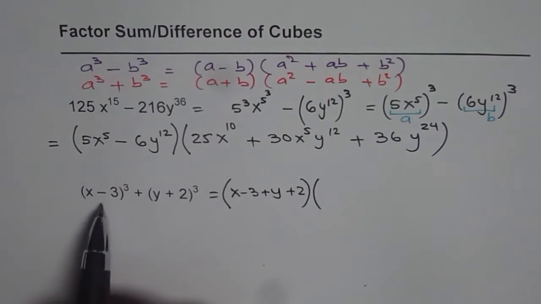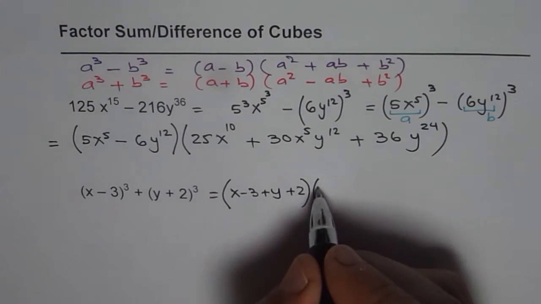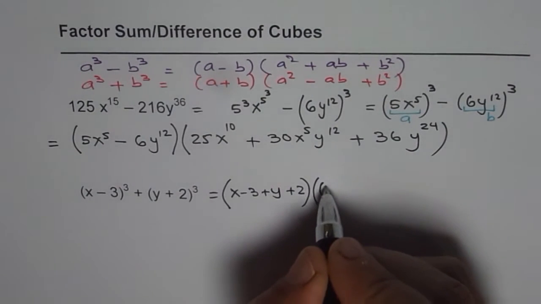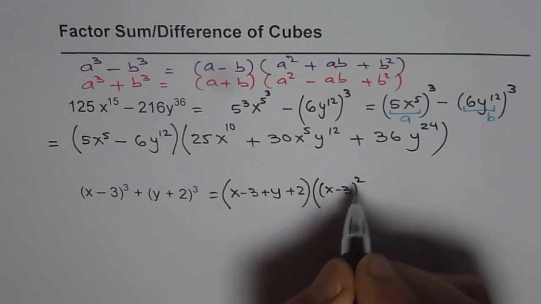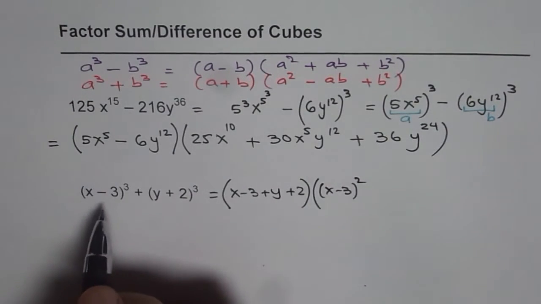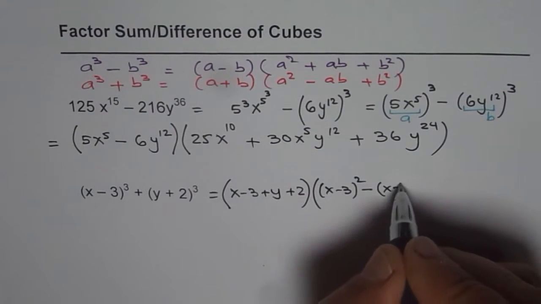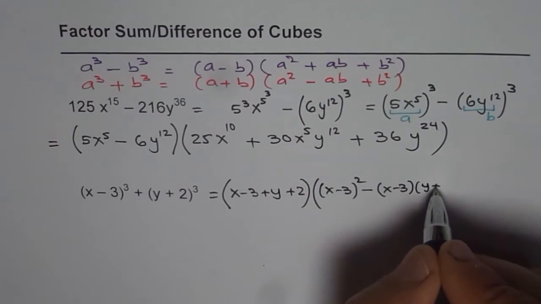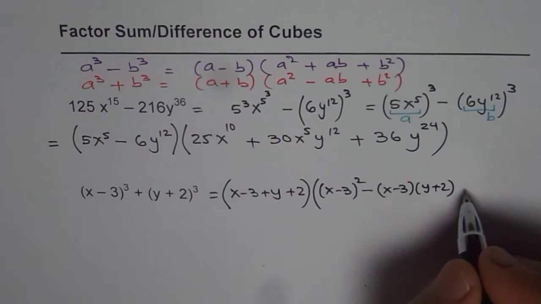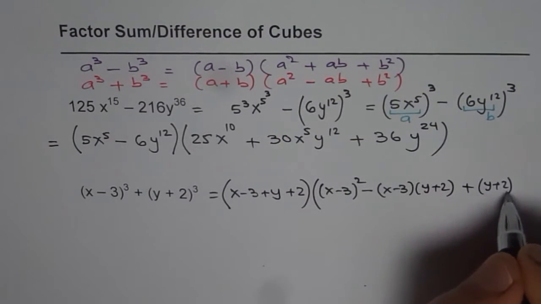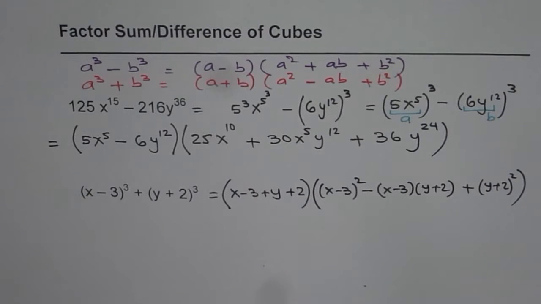And now we get the square of the first term, x minus 3 whole squared, minus ab, the product of these two terms, x minus 3 times y plus 2, and then we have to add the square of the second term, which is y plus 2 squared. So that is the second factor.